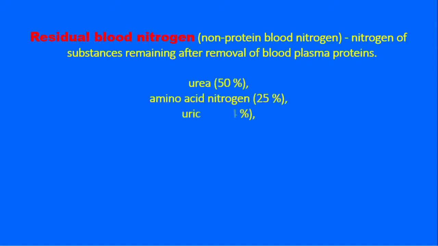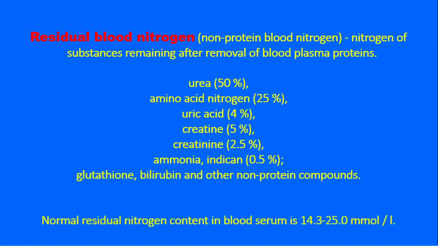Now we need to fix our attention on the disorder of metabolism of ammonia, and for this please write the definition of the important term that we are using to describe normal ammonia metabolism and the disorders of it.